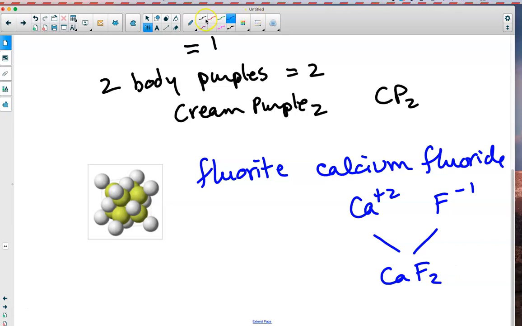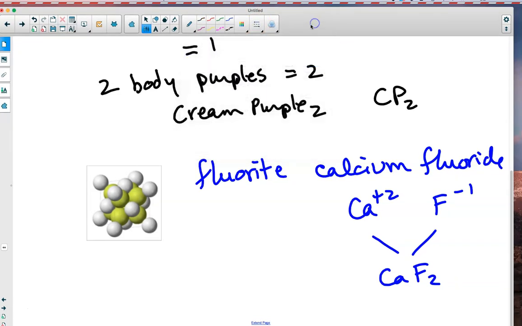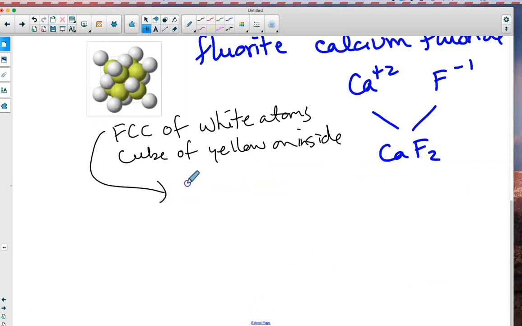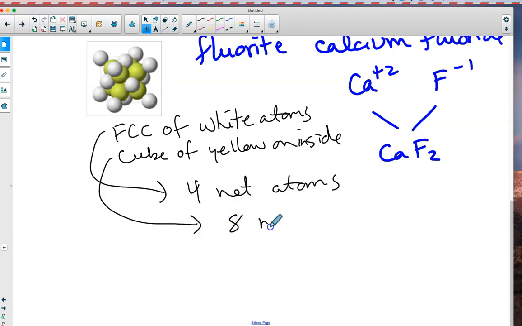So I hope you can see that in this structure we have a face-centered cubic of the white atoms, and there's an entire cube of the yellow on the inside. So that face-centered cubic of the white atoms gives us 4 net atoms, and the cube of the yellow on the inside, since it's an entire cube, gives us 8 net atoms.